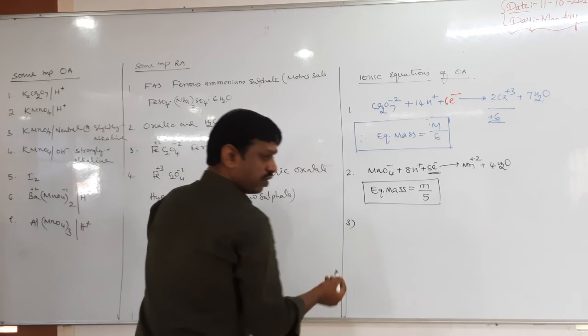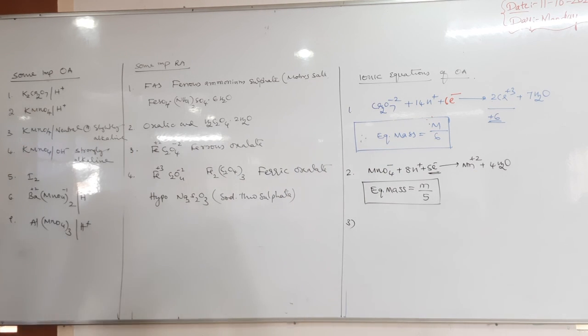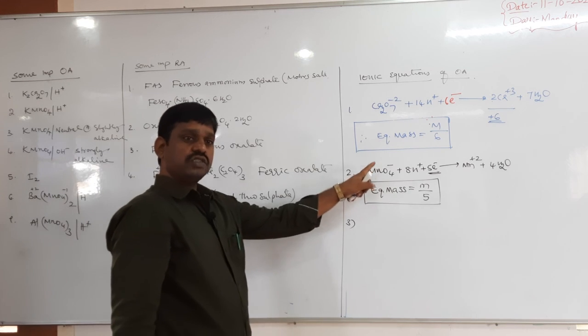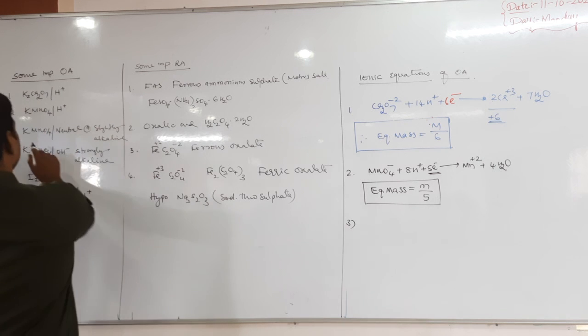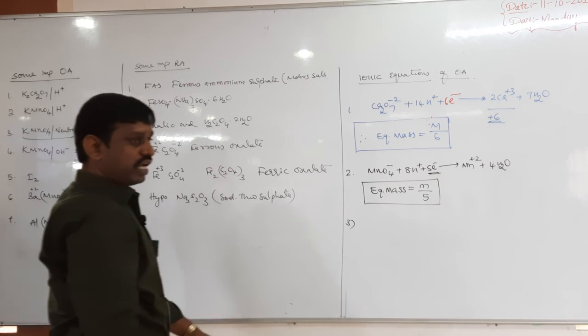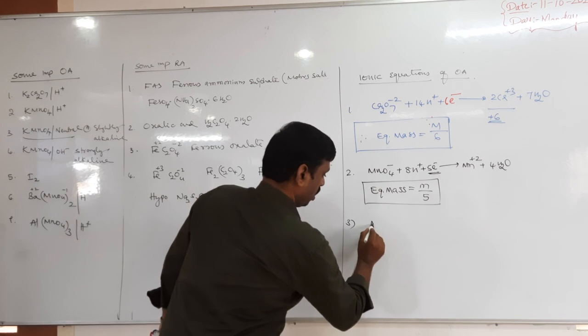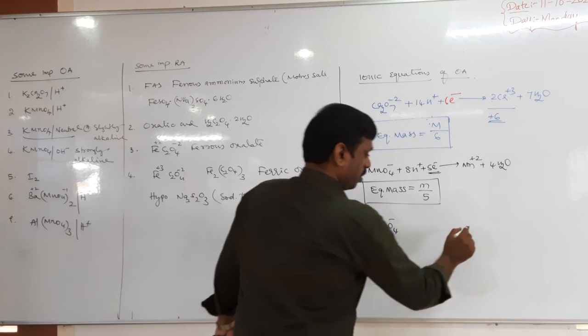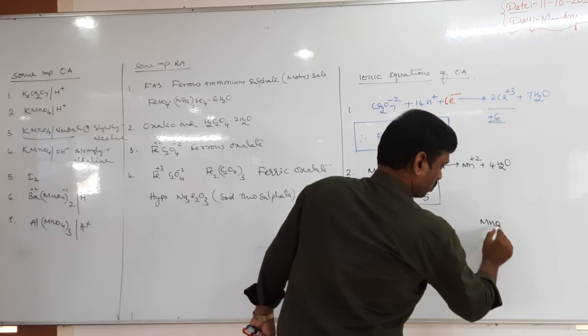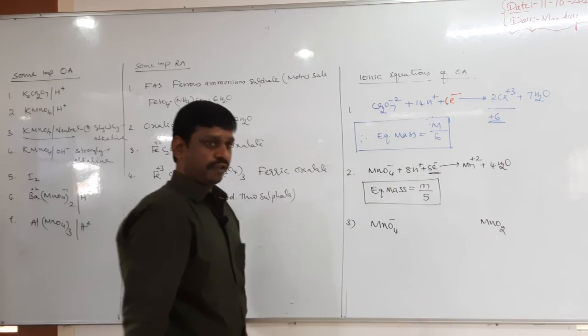Next, the third one. These ionic equations you must practice. Next is permanganate in neutral or slightly alkaline medium. MnO4− in neutral medium converts into MnO2. Remember this.